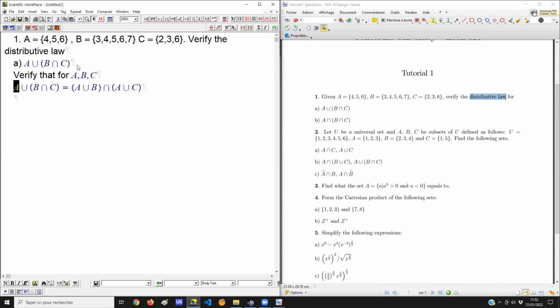So what we want to do is verify what this is, and make sure that they are equal.